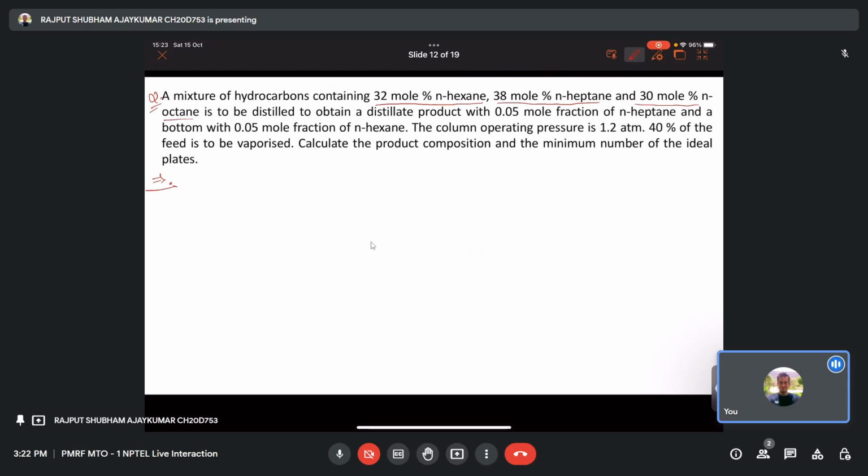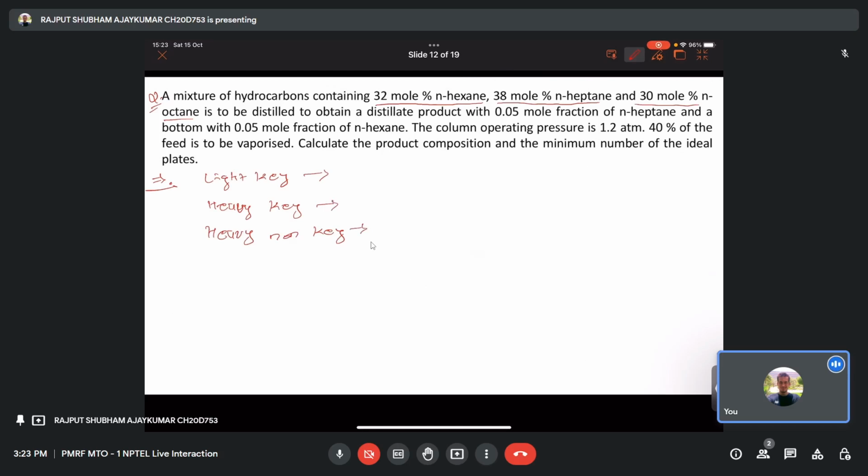We can separate these into the light key, heavy key, and heavy non-key components.